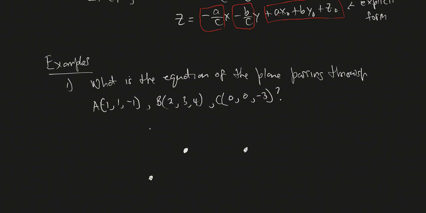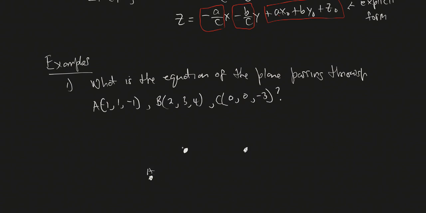Well, in our definition with the point normal, we only needed 1 point, but we needed a normal vector. So in order to find a normal vector, let's say the plane is like that.